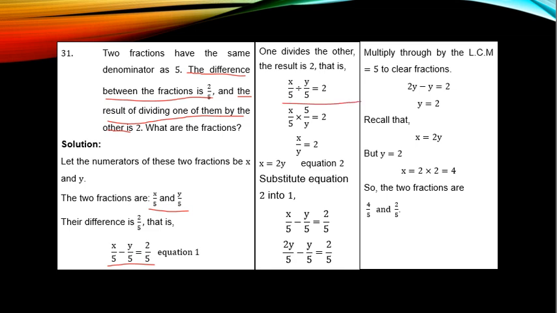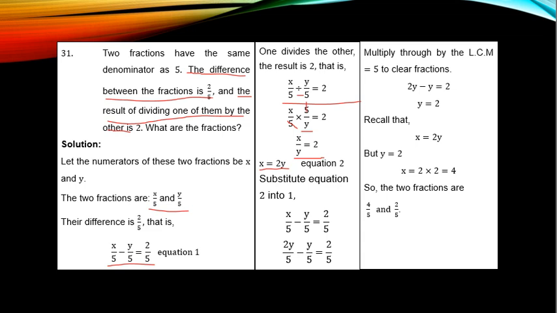And you know, in fraction division, the division sign changes to multiplication, and the fraction at the right, y/5, is inverted to 5/y. By the time 5 cancels 5, you are left with x/y equal to 2. To clear the fractions, multiply through by y. So you have x equal to 2y.